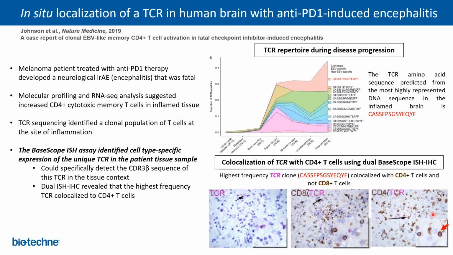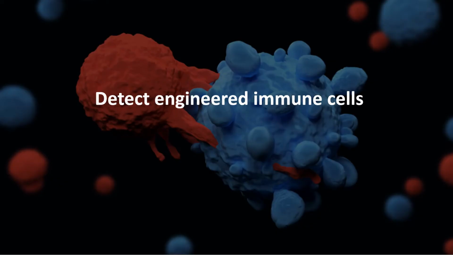What they saw was that this particular TCR co-localized with CD4 positive T cells and not with CD8 positive T cells, which helped them understand that the population that induced encephalitis was actually a memory CD4 positive T cell population. So by using the BaseScope assay, they were able to validate and visualize this cell population in the patient tissue sample.